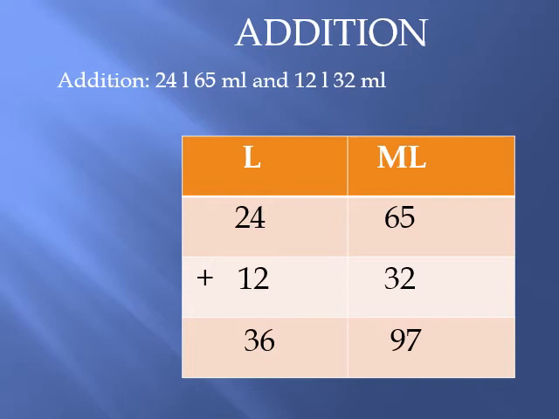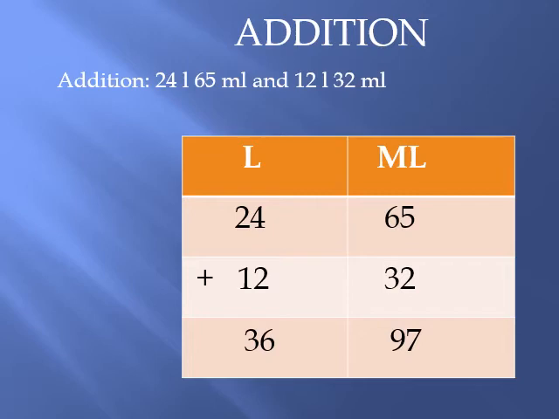For example, if we have to add 24 liter 65 milliliter and 12 liter 32 milliliter, first we write these numbers in columns and then add separately. 24 liter 65 milliliter plus 12 liter 32 milliliter.